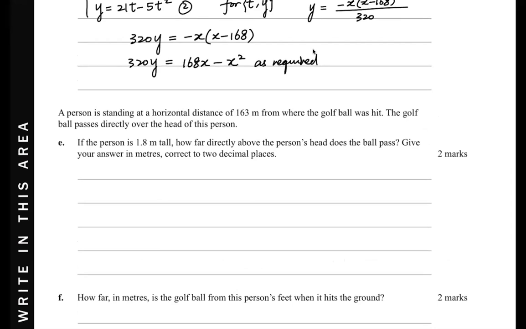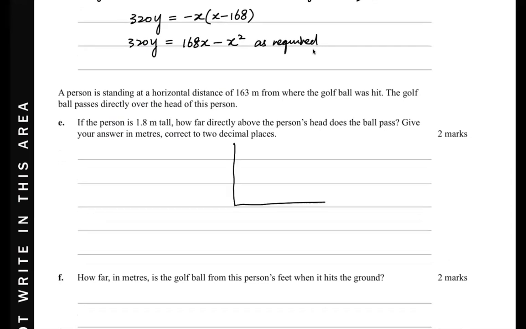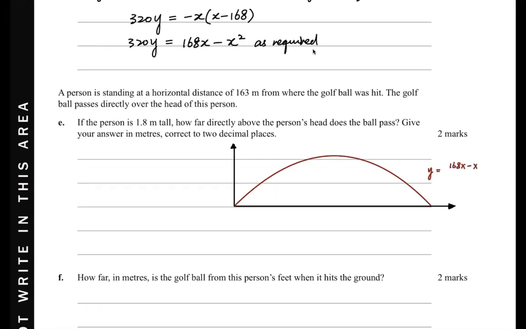The reason why they want you to find the Cartesian equation in terms of x and y is because if you draw a diagram to illustrate what's happening with the golf ball and the person, I guess this red parabola is the trajectory. Let's say y equals (168x take away x squared) over 320.